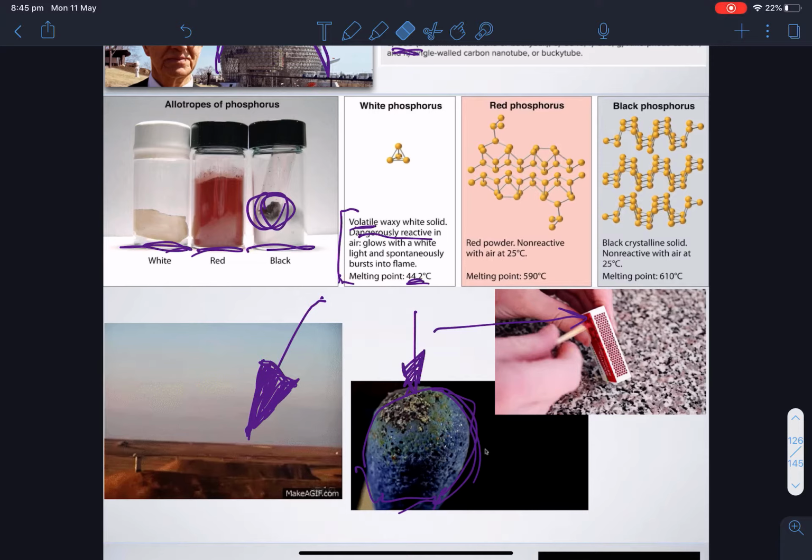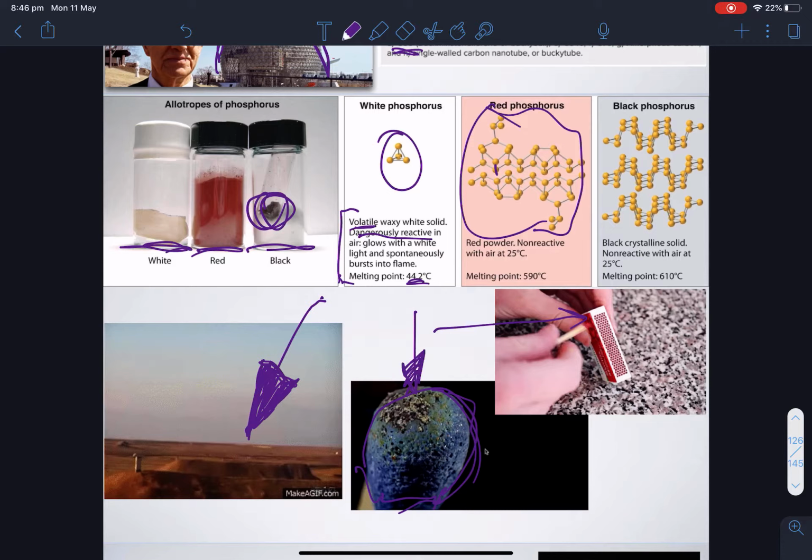Okay, white phosphorus has this very tight structure where the bonds are pressed together, not in an ideal way, and they want to get out. So that's why it's so dangerously reactive. Red phosphorus has atoms in this ongoing geometric structure.